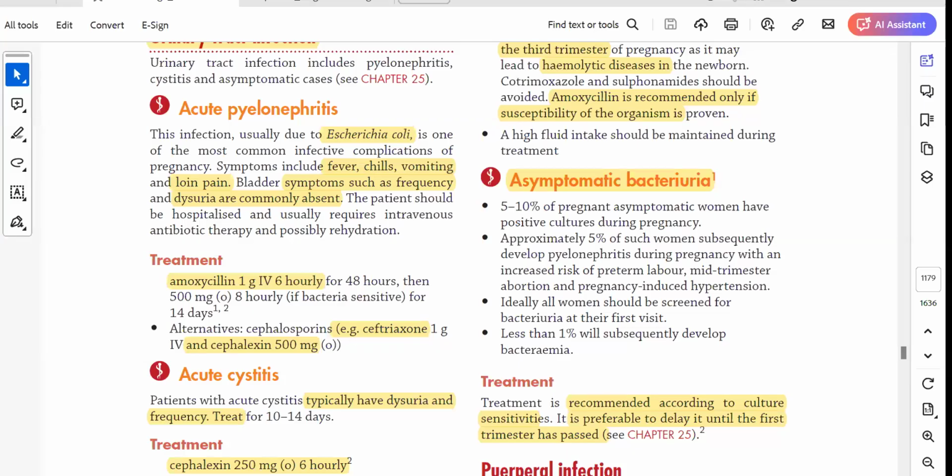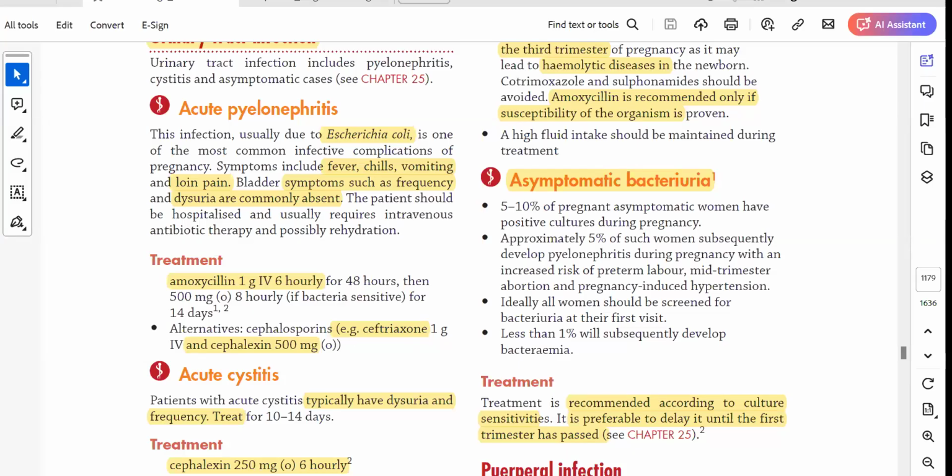Pyelonephritis means infection of the kidney itself. So the patient will not have that much dysuria or frequency. Rather, they will mainly have systemic symptoms: fever, nausea, vomiting, chills, and flank pain. So when you have a patient with maybe a bit of dysuria and frequency, but more systemic symptoms, you would think of pyelonephritis.